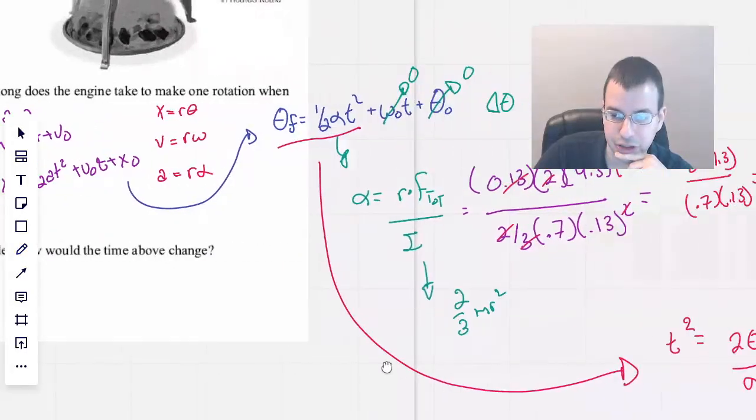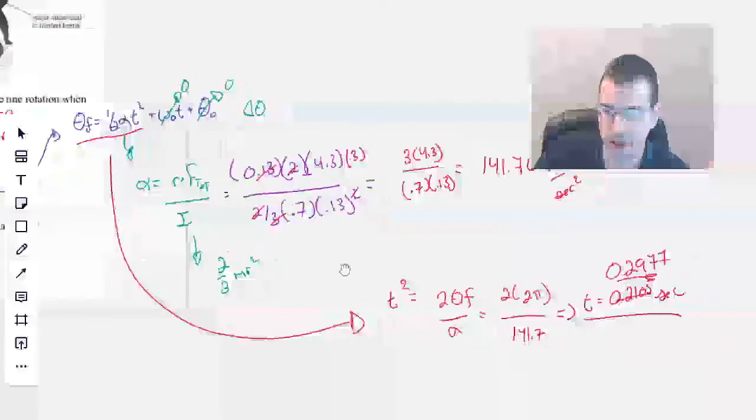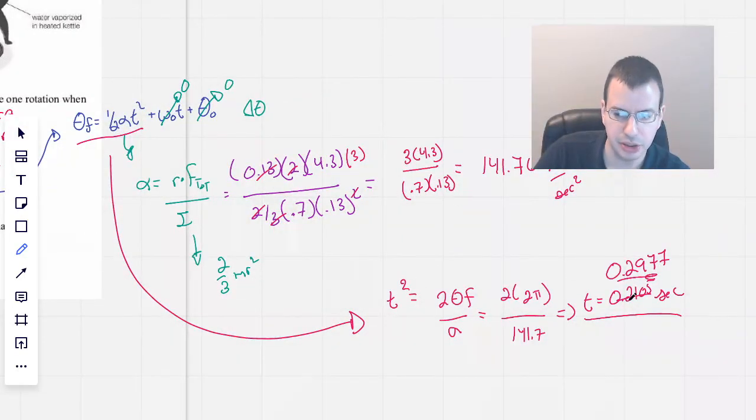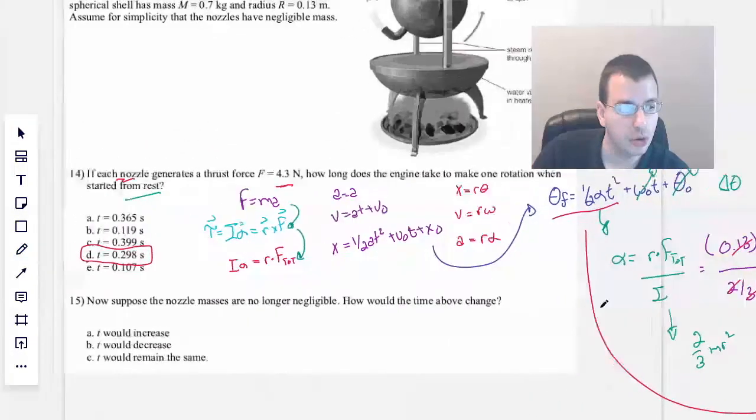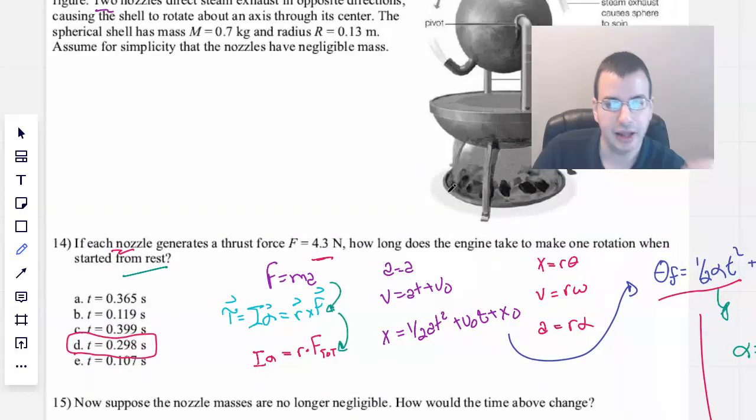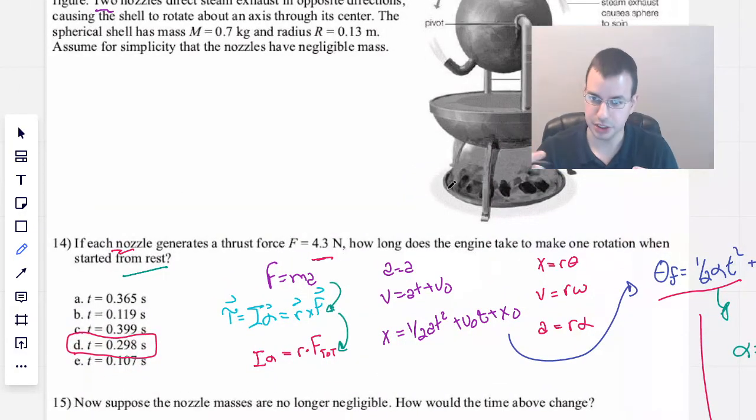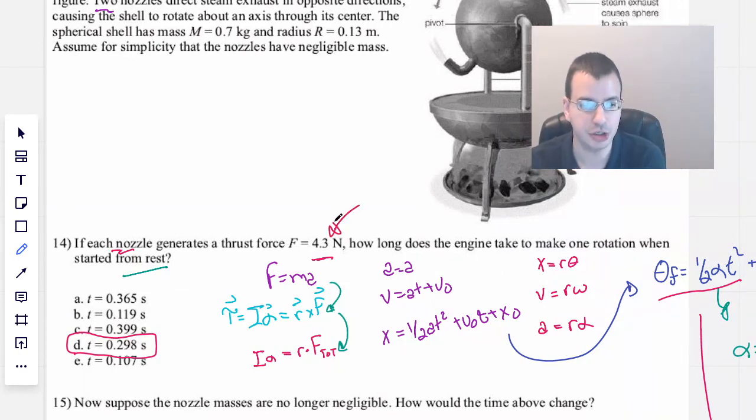Okay, so to backtrack and see what we did here. We were given a rotating object, and we're asked how long it takes to move one rotation. We're given a force. When you hear force, you should think acceleration.